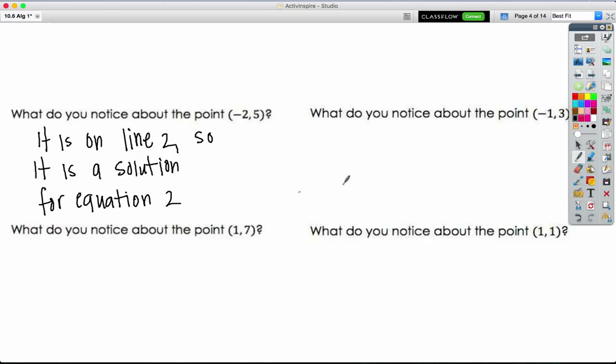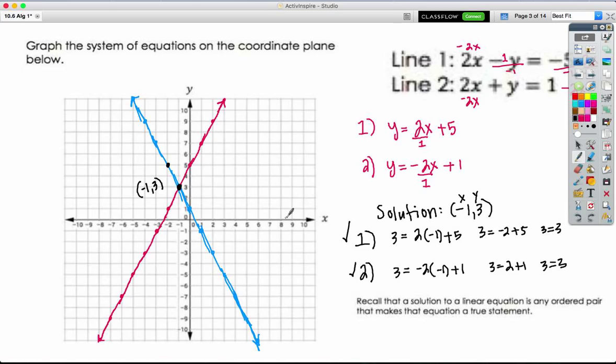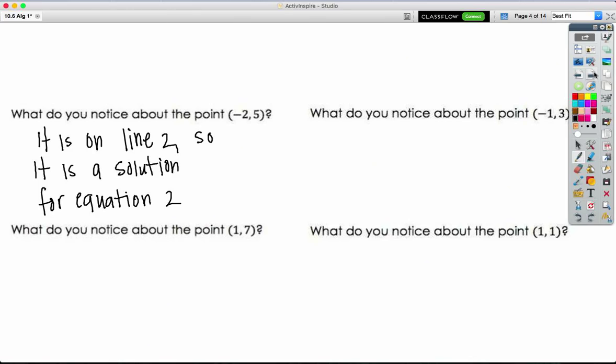So then they ask us, what do we notice about the point -1, 3? So -1, 3, that one is on both lines. So it is a solution to both equations.